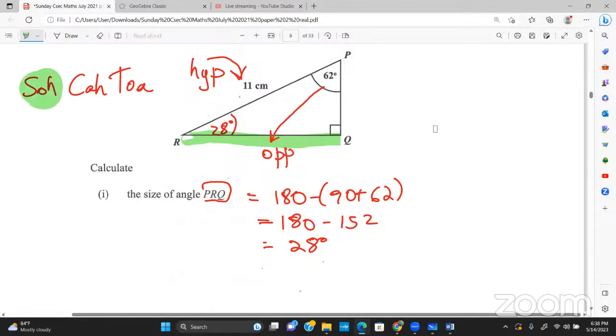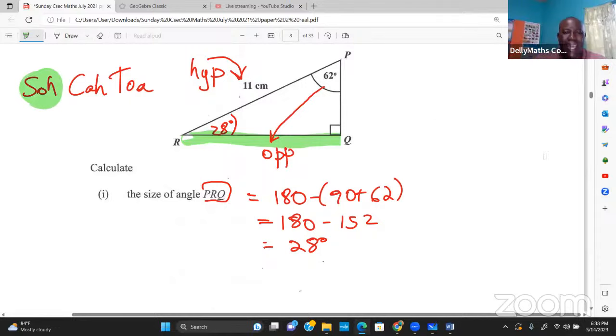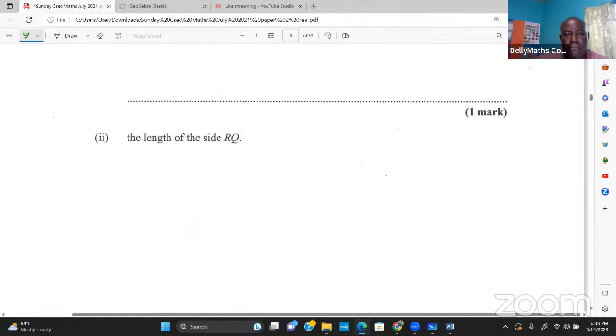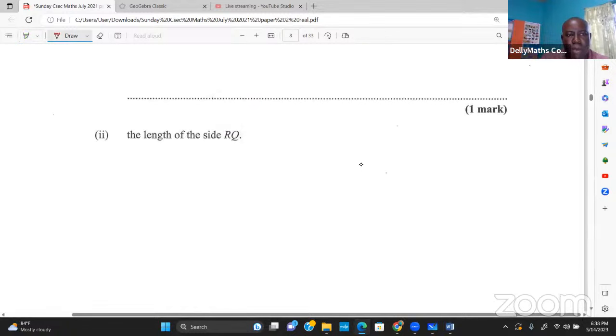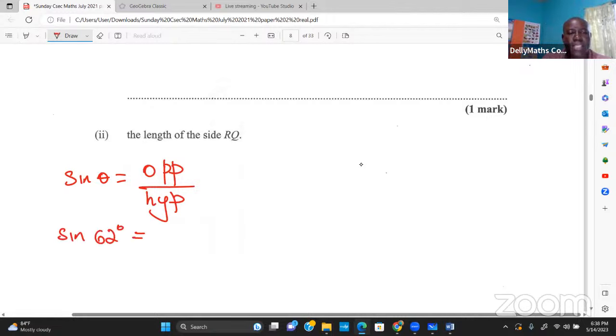So I'm going to use my sine to work that one out. Remember that the sine of an angle in a right angle triangle is the opposite side divided by the hypotenuse. So the sine of 62 degrees is equal to RQ over 11.